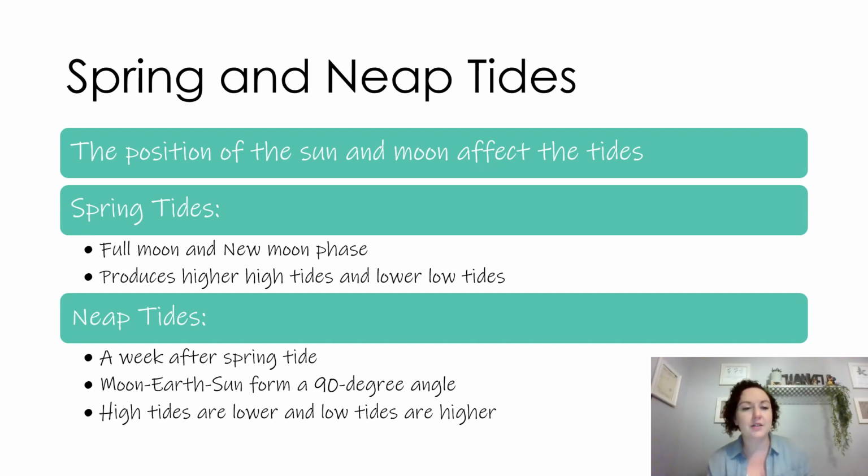Then you have neap tides. Typically, these happen about a week after spring tides, and this is where the moon, earth and sun form a 90-degree angle to create high tides that are low and low tides that are kind of higher than typical. So it's like you have high tides-ish, you have low tides-ish, and this is really nice because now fishermen don't have to worry about their boats getting stuck because for the most part, low tides aren't low enough.